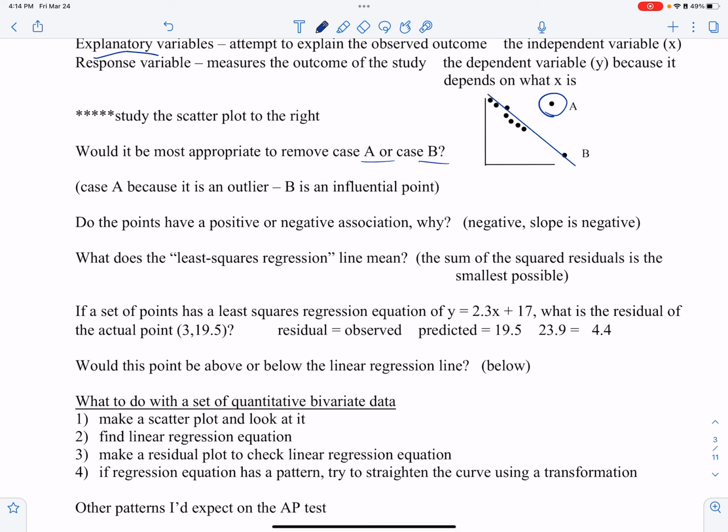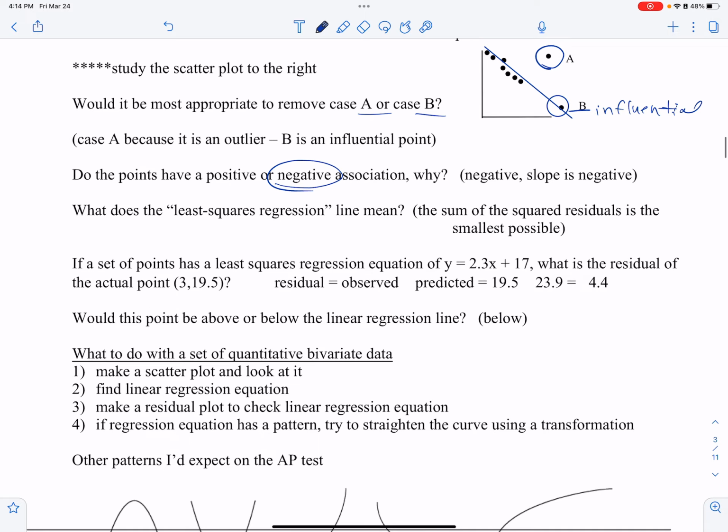You can definitely see that B is an outlier, but it is with the pattern of the data. So B is called an influential point. It's influential because it makes the slope stronger. The points obviously have a negative association because the line is negative.